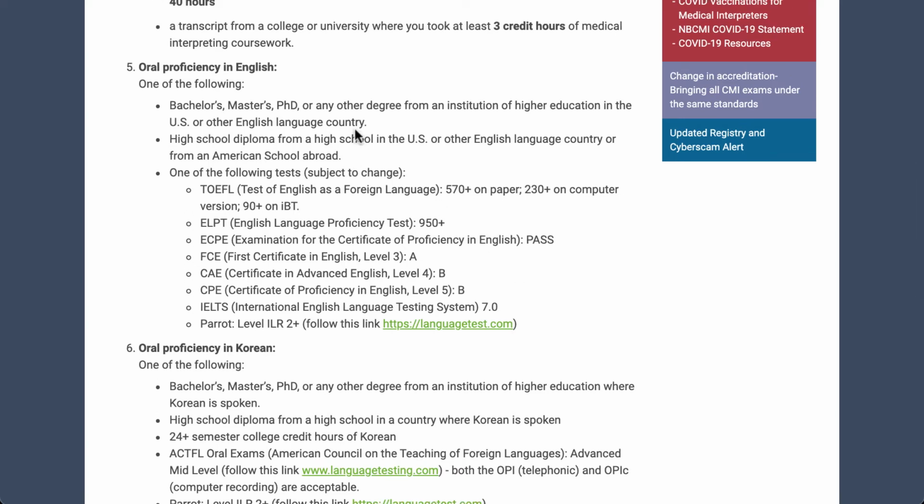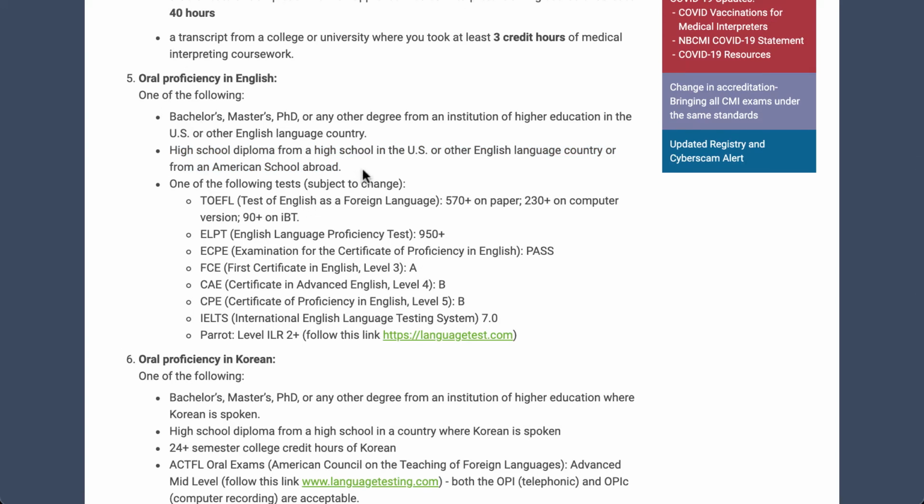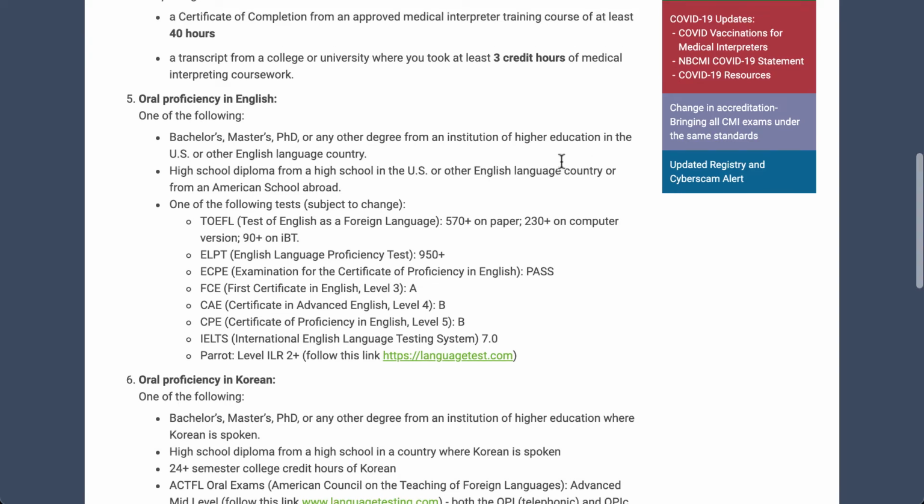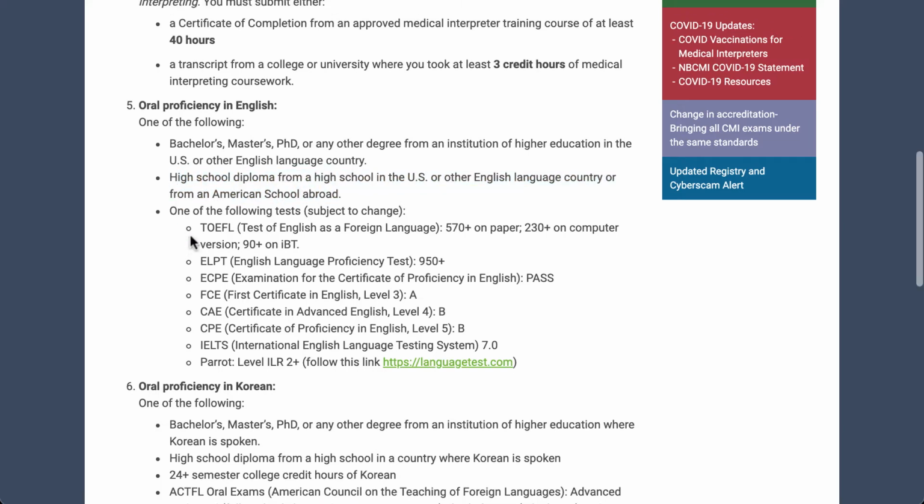And just if you are curious, because I had the high school and university, it really doesn't matter. Even if I just had a high school diploma from English-speaking countries, so in the United States of America, or Canada, or UK, or Australia, all the places where they speak English, I think that is sufficient. If you're from Korea, or Mexico, or China, obviously this is not going to be the case.